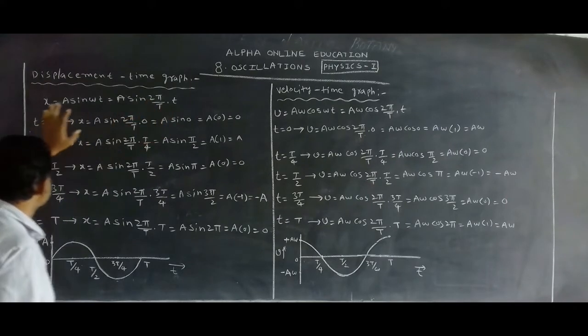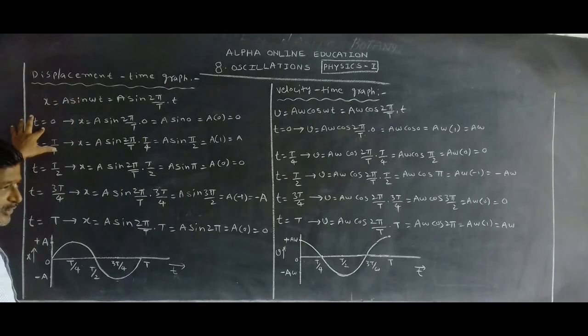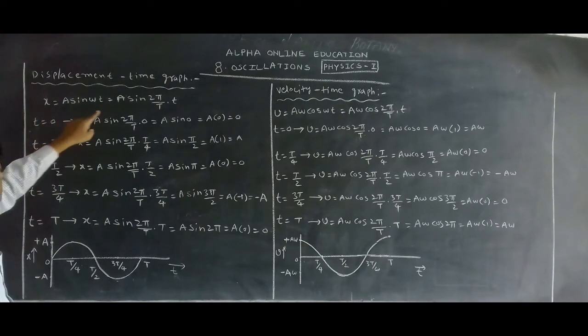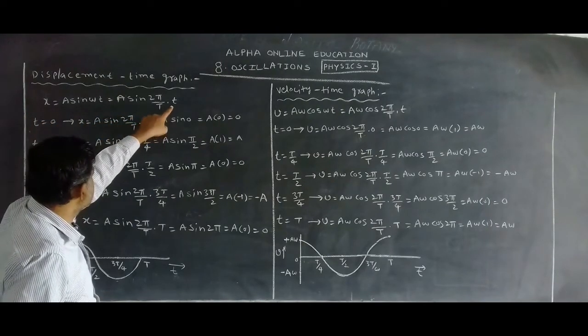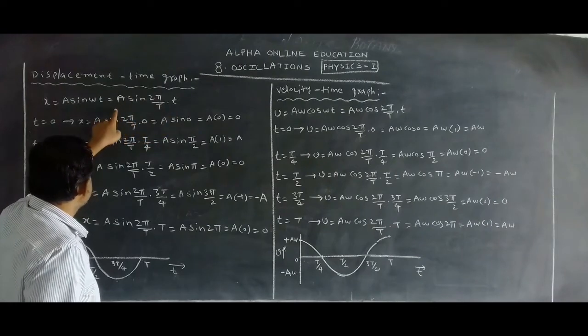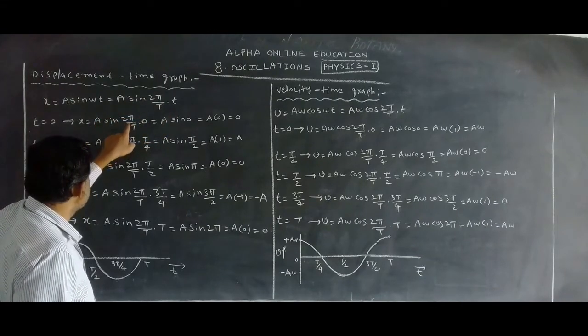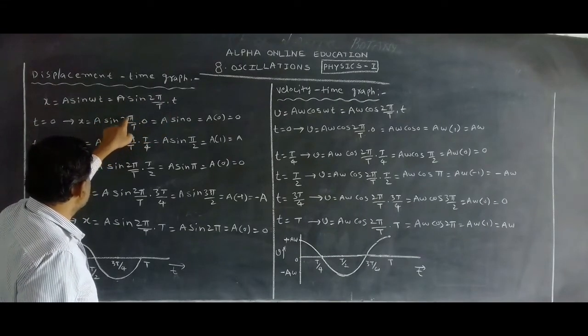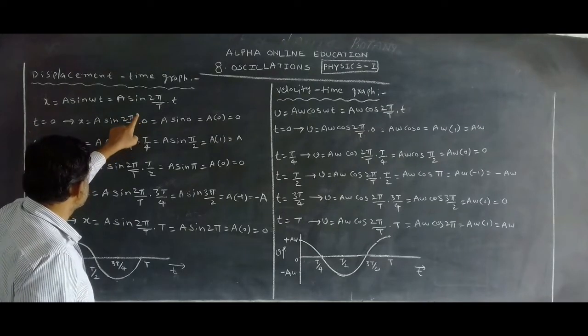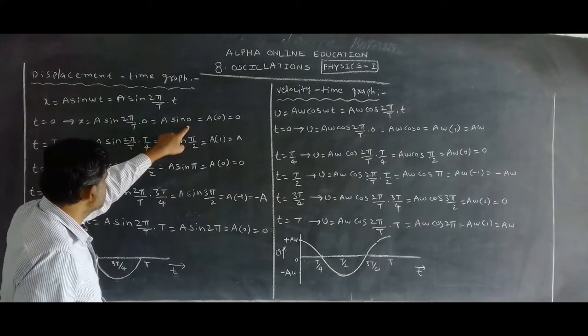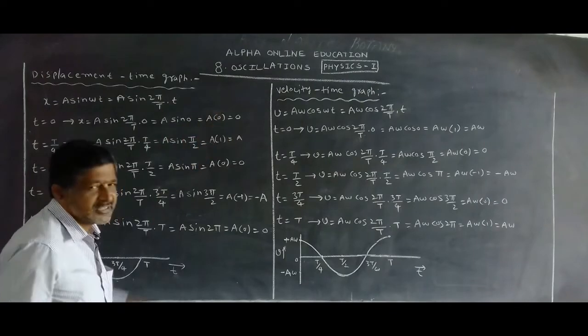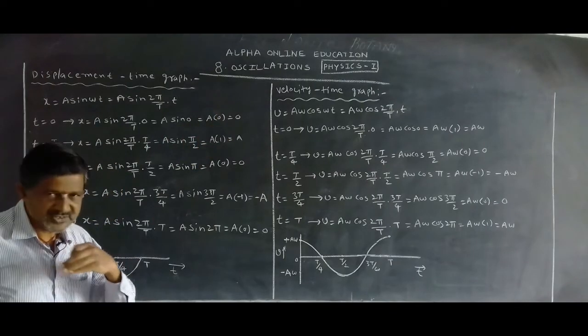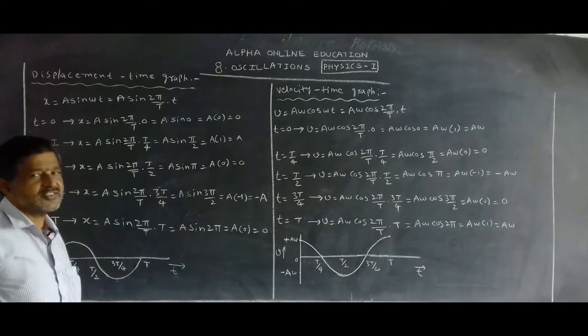Now let us take t is equal to 0. Substitute t is equal to 0: A sin(2 pi by T into 0) becomes 0. Sin 0 is 0. That's why displacement is 0 when t is equal to 0.